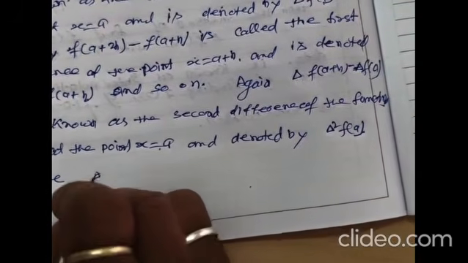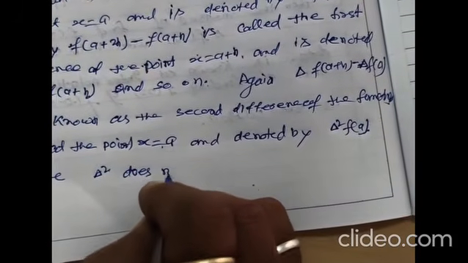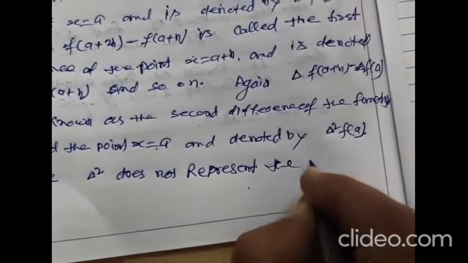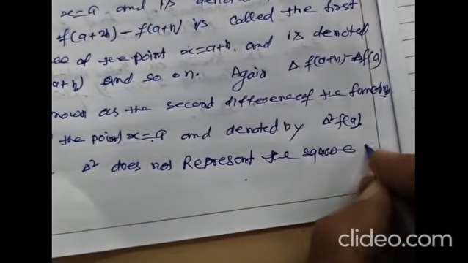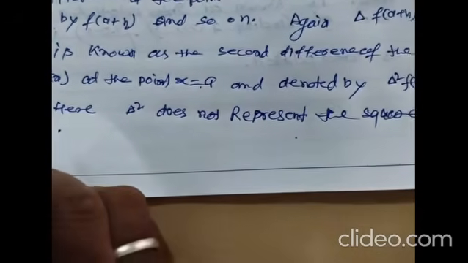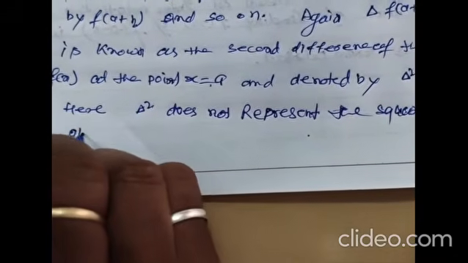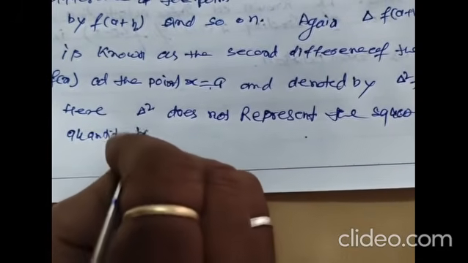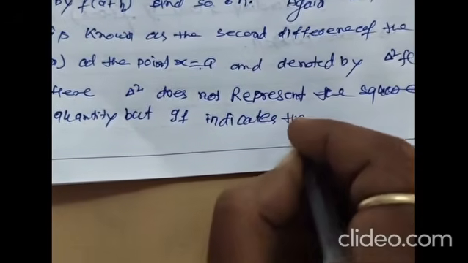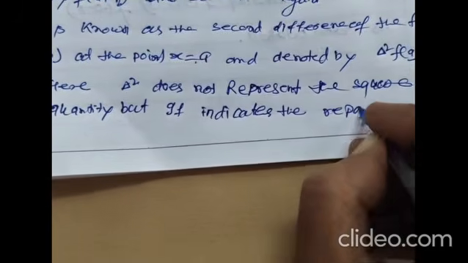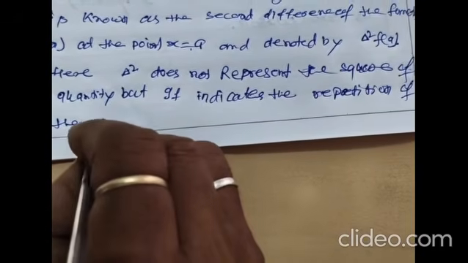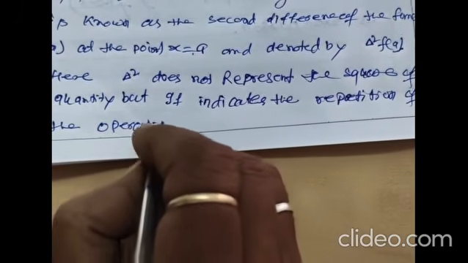Here del square does not represent the square of a quantity, but it indicates the repetition of the operation del.